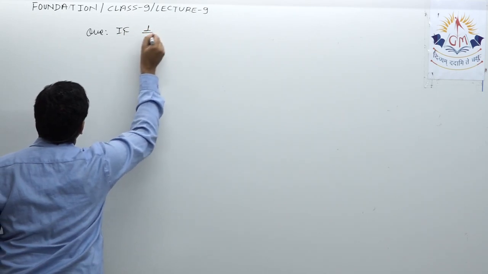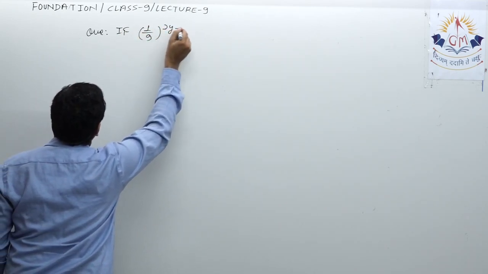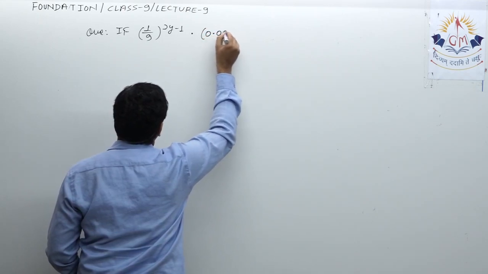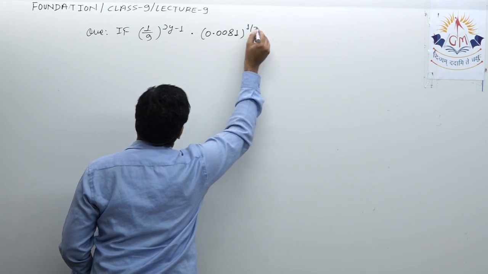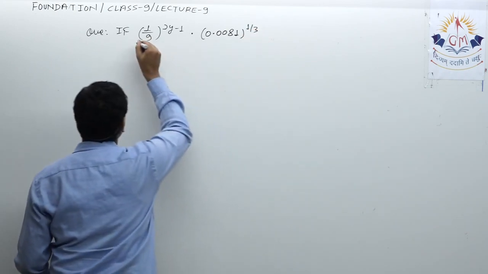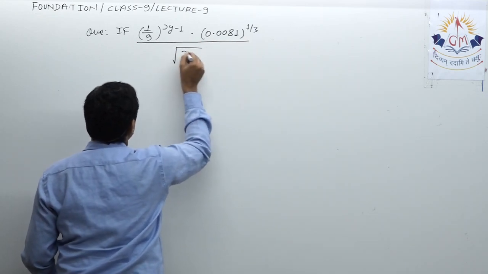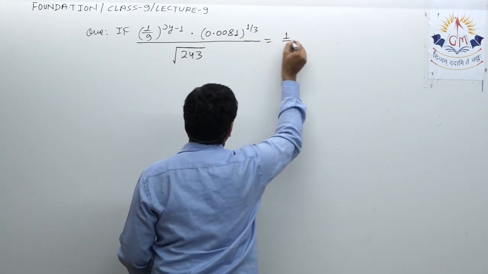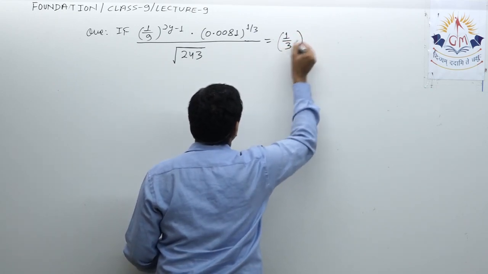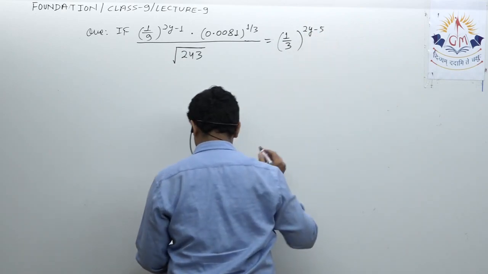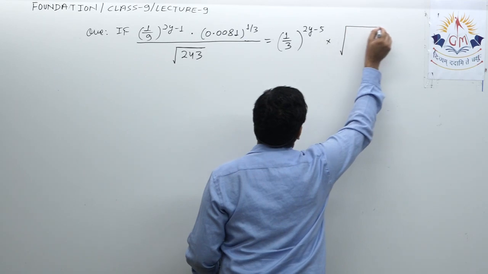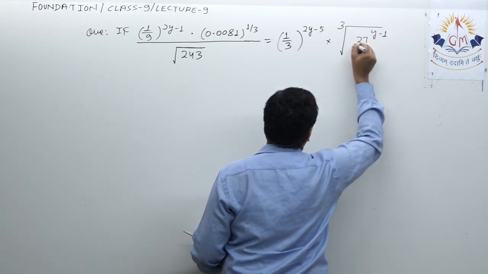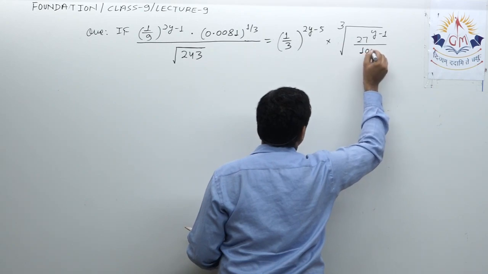If (1 upon 9) raised to 2y minus 1, multiplied by (0.0081) raised to 1 upon 3, divided by root 243, is equal to (1 upon 3) raised to 2y minus 5, multiplied by the cube root of (27 raised to y minus 1 divided by 10,000).